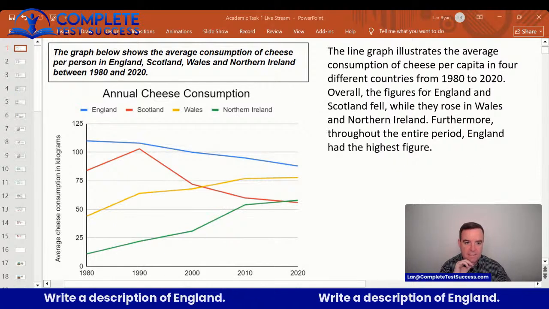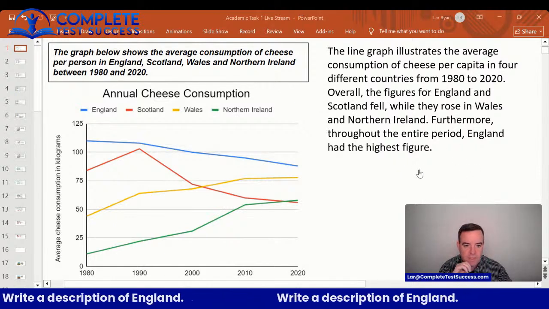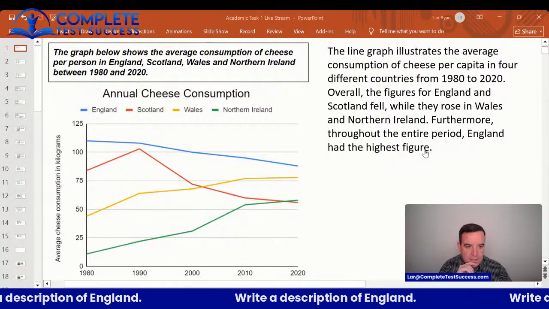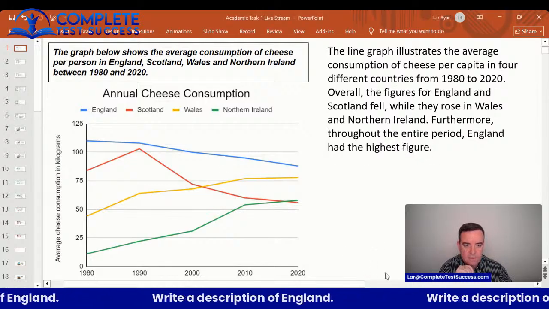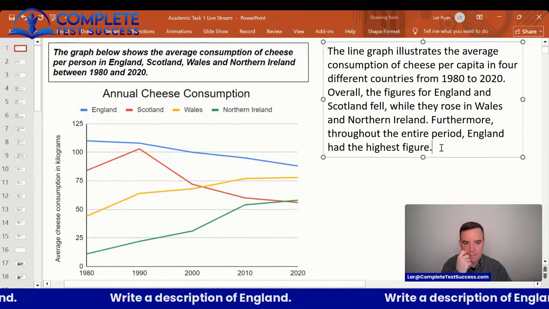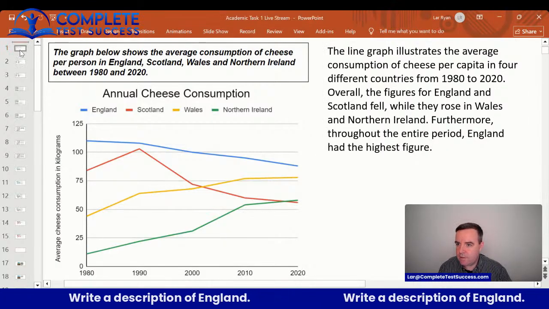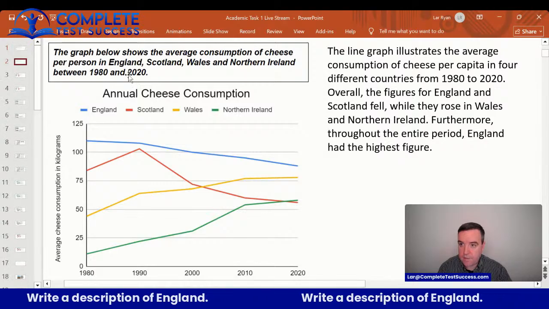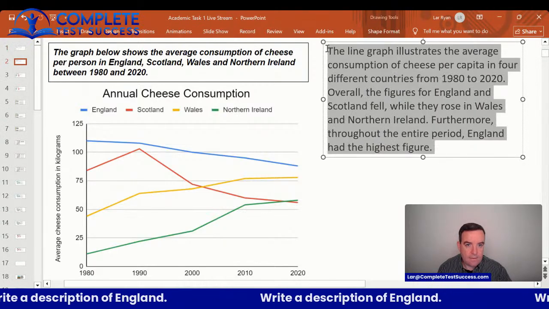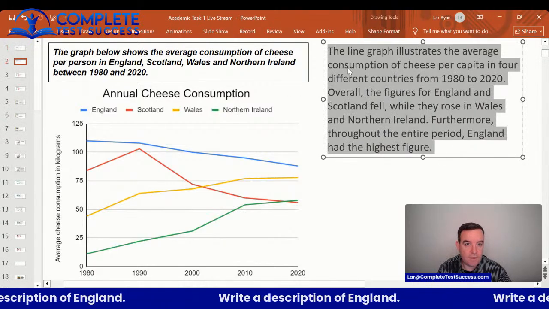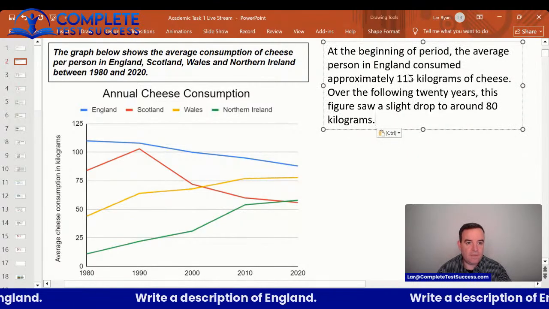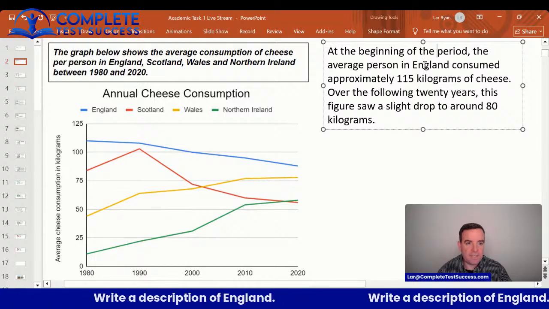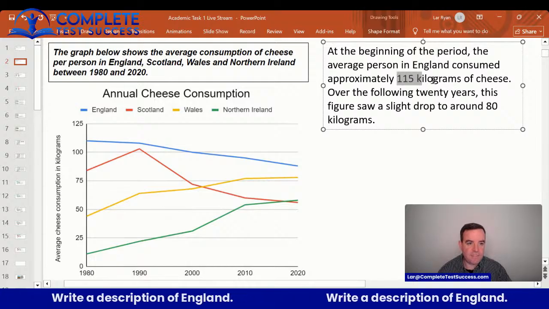So let me take what you've written and I'm going to adapt it. And I'm going to connect those sentences together as well. I mean, you've very nearly written it. Do you know what? Let me just replace what we have here. Okay, so at the beginning of the period, the average person in England consumed approximately 115 kilograms of cheese.